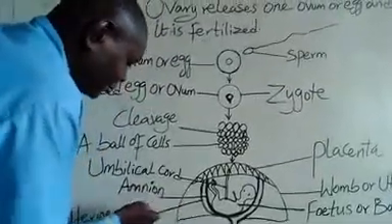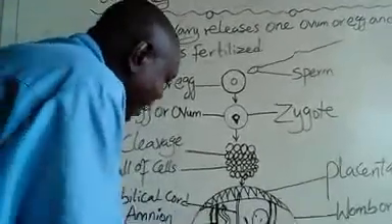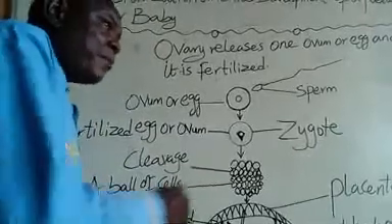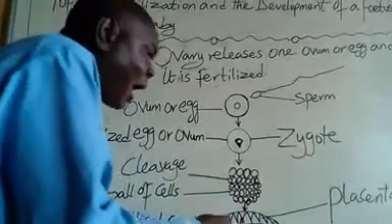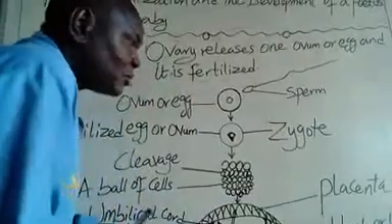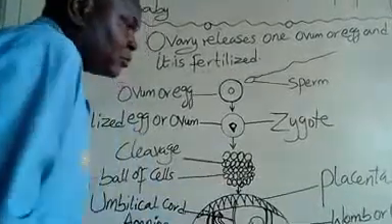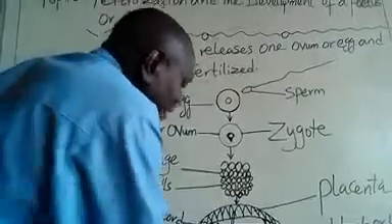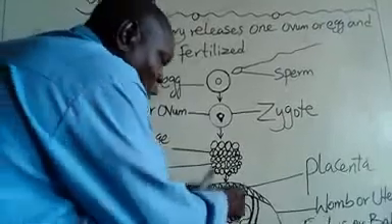The amnion produces what we call amniotic sac, and the amniotic sac contains what we call amniotic fluid, and this fluid protects the baby in the womb. With the aid of this fluid, the baby can move freely within the womb or uterus.